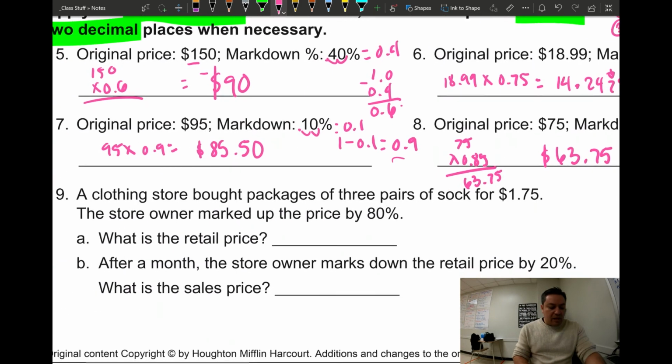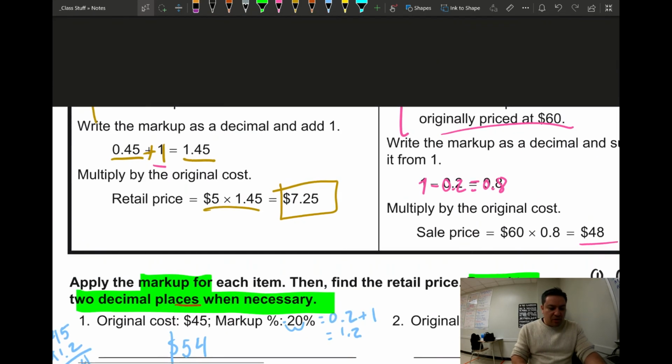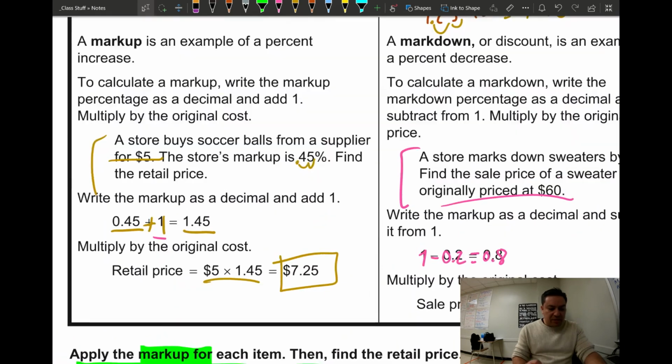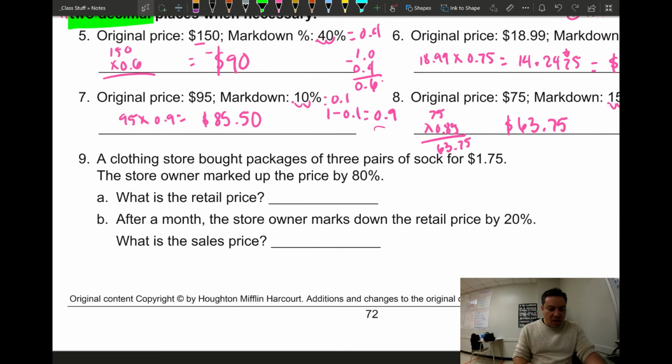Now let's see what we have over here. It says a clothing store bought packages of 3 pairs of socks for $1.75. The store owner marked up the price by 80%. What is the new retail price? Okay, so we're looking for the retail price. We're going to have to mark up: convert to decimal, add 1, and multiply, right?